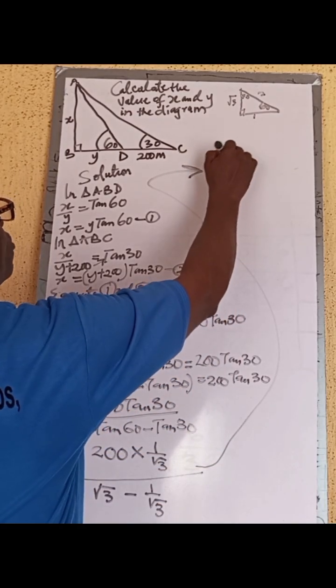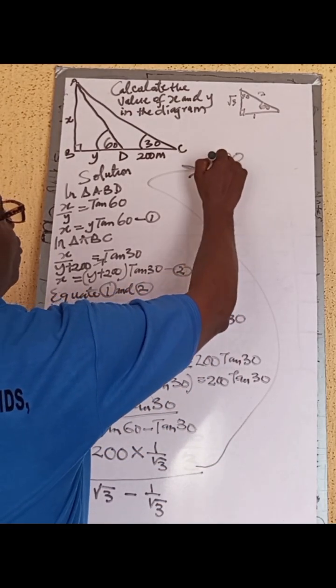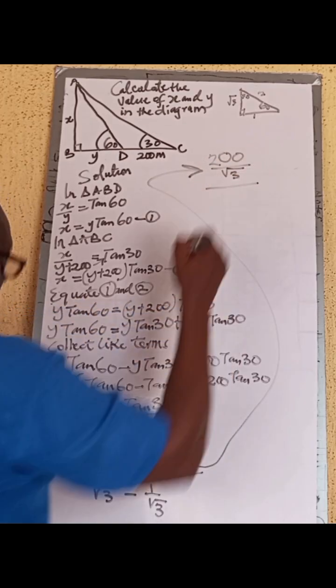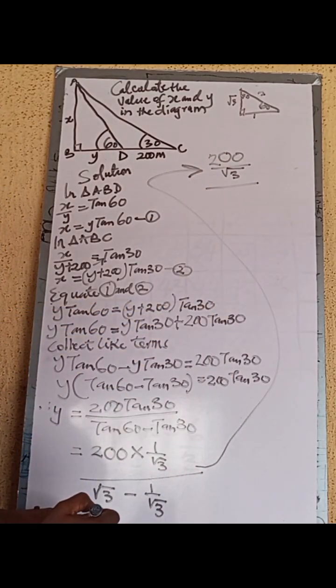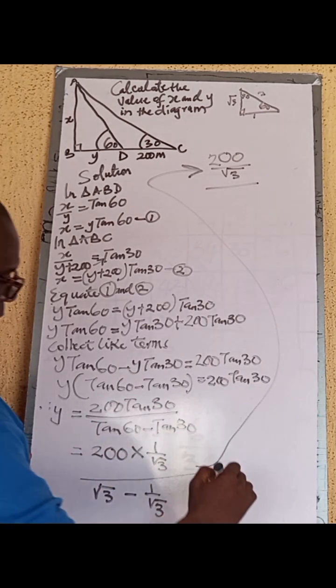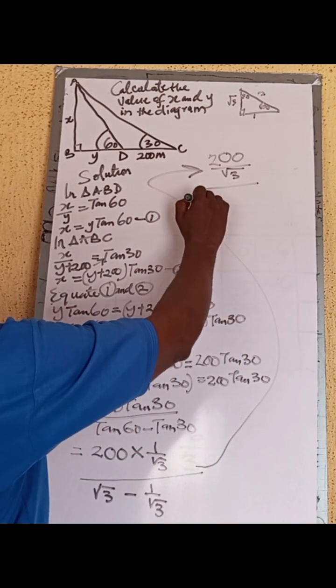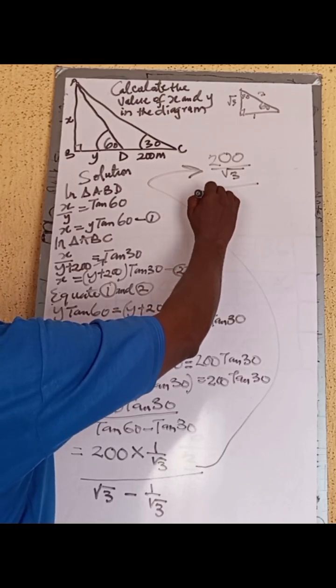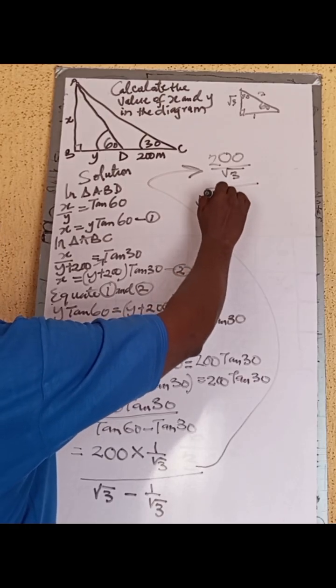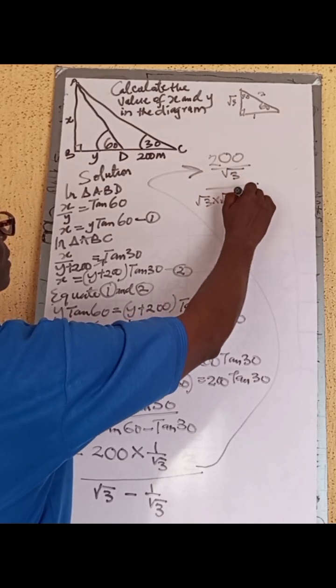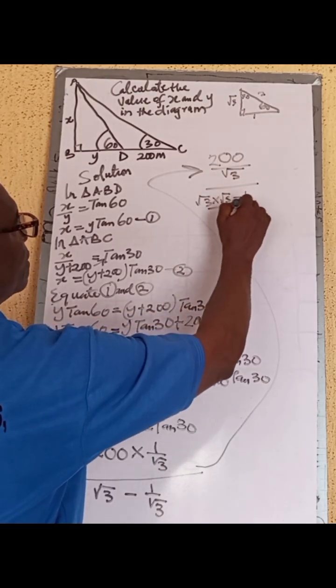The numerator will now give you 200 over root 3 all over. By the time you work on the bottom one, you're going to see root 3 times root 3 minus 1, all over root 3.